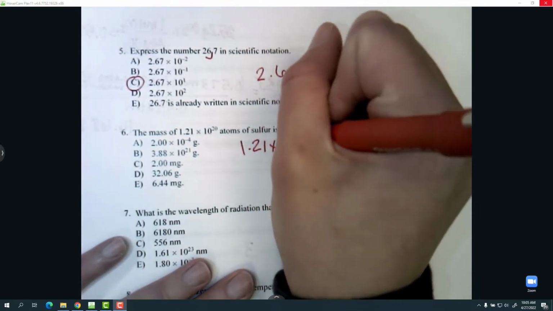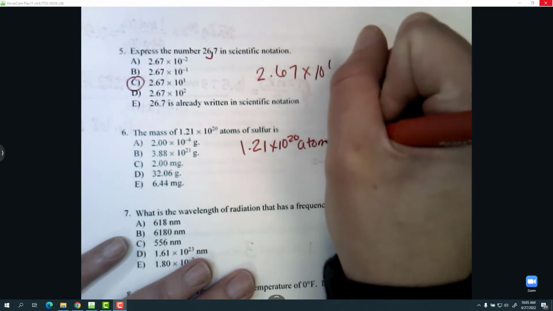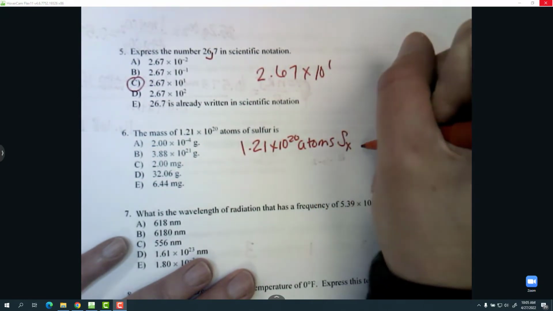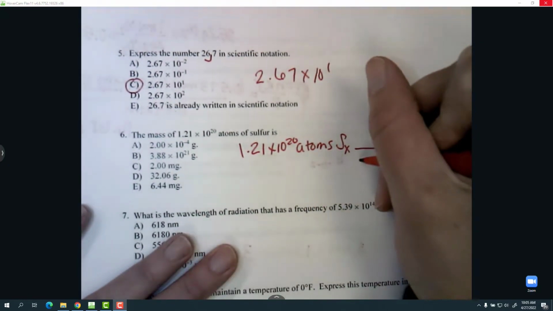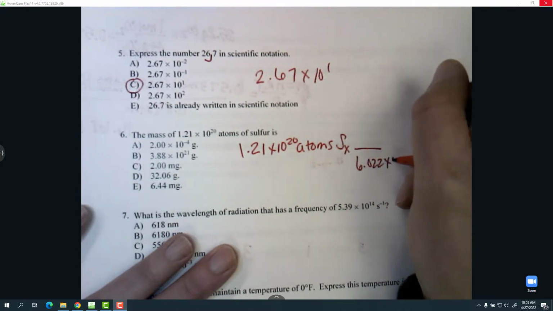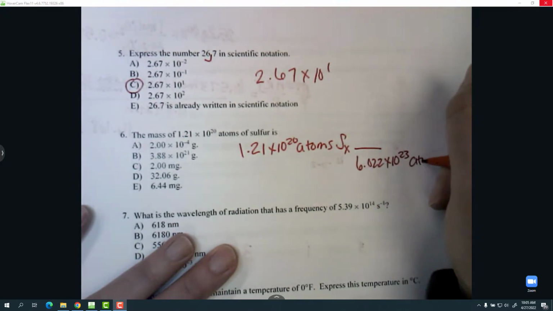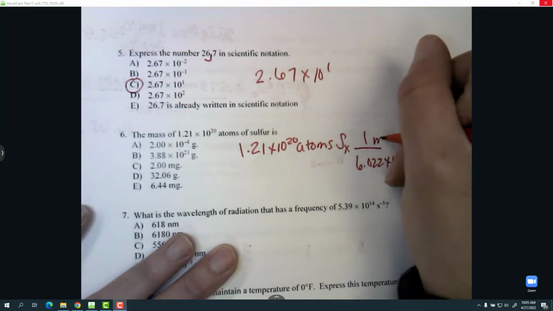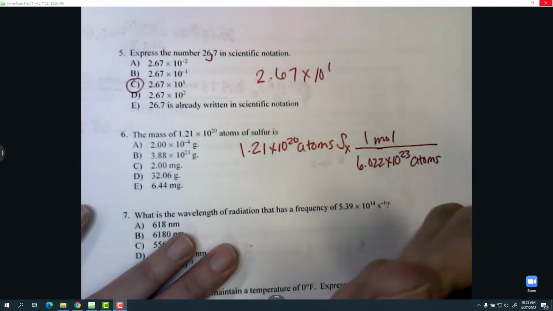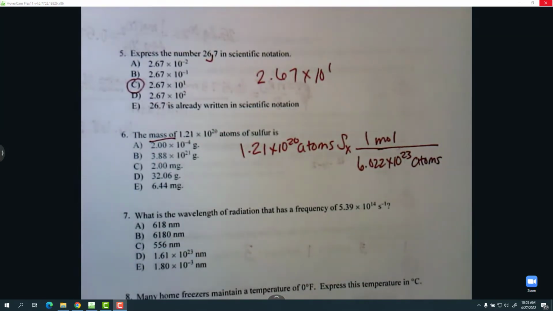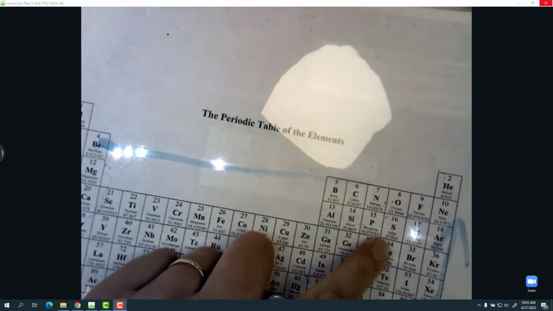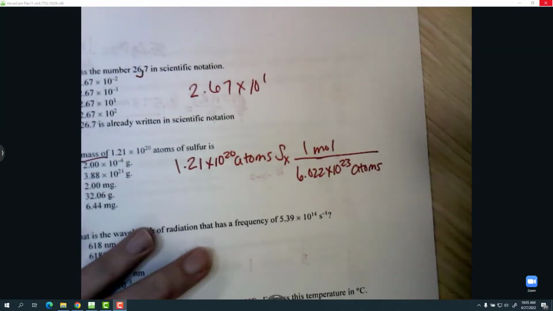1.21 times 10 to the 20th atoms of sulfur. First thing I'm going to need to do is convert that to moles. I'll use Avogadro's number. And then it asks me to get all the way to mass, so I will need the mass of sulfur is 32.07.